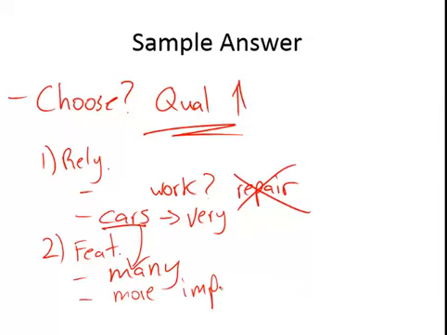She says cars are all quite reliable. They don't need repairs often. So we don't need to think about that when we choose cars. Instead, nowadays, we think about features, and that's why cars have so many features. It's the more important factor when we make our decision. So reliability was more important, but nowadays features are more important.